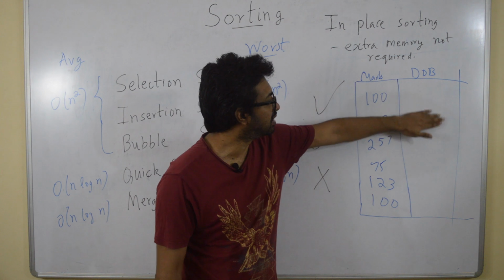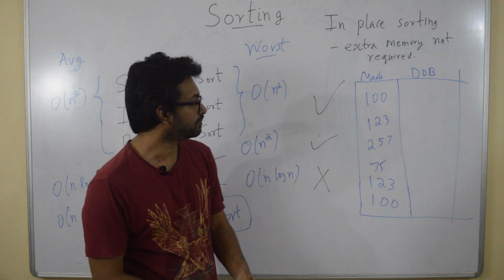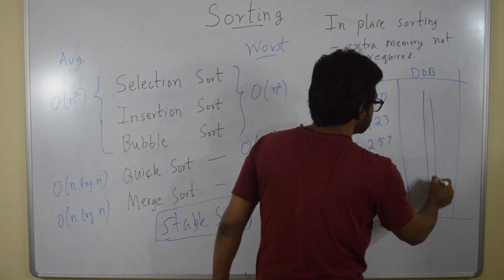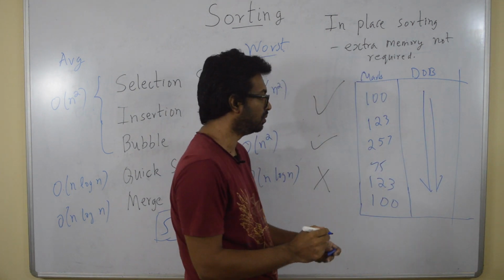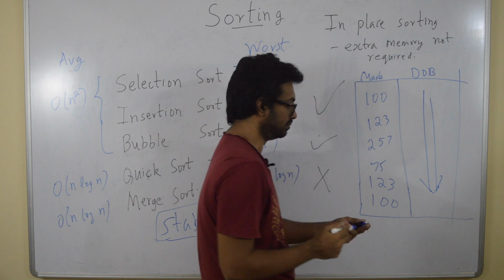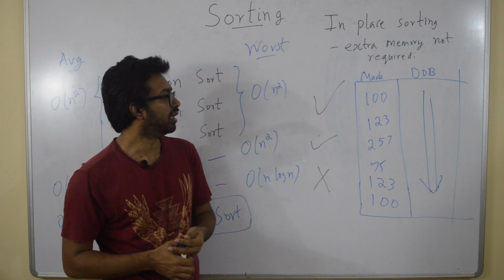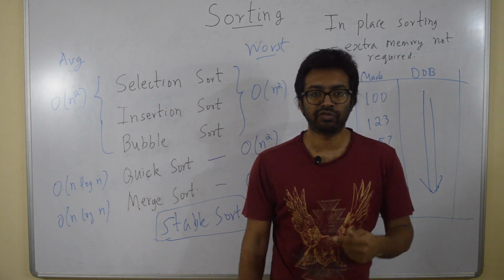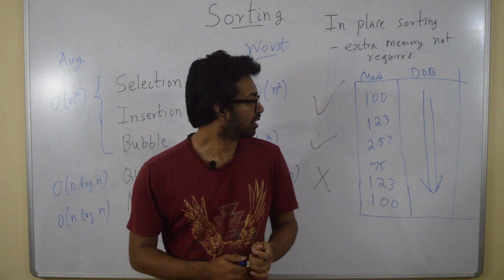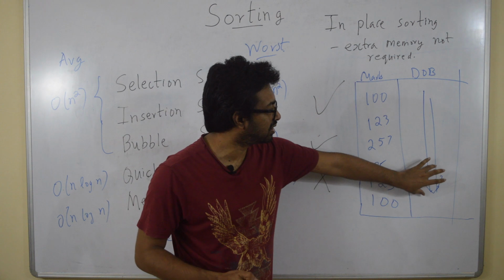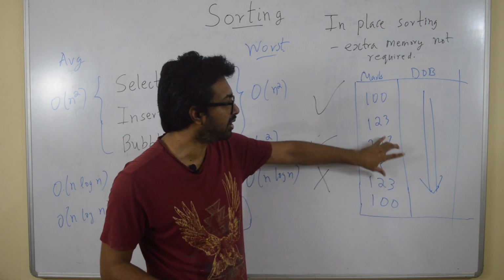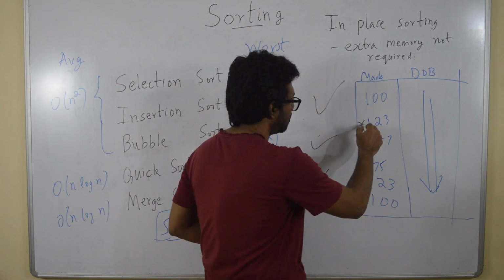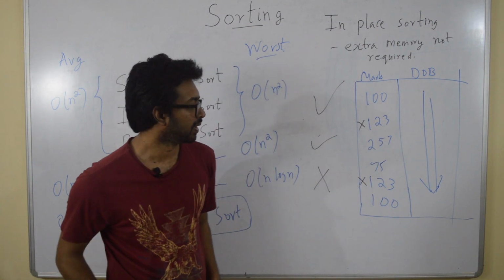So I'm going to assume that this is sorted according to the date of birth. And now I want to sort according to the marks. If I want to sort according to the marks, I should not misplace this. These two 123s have to come together, this and this have to come nearby.